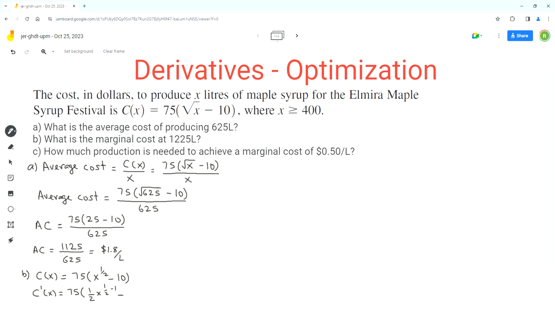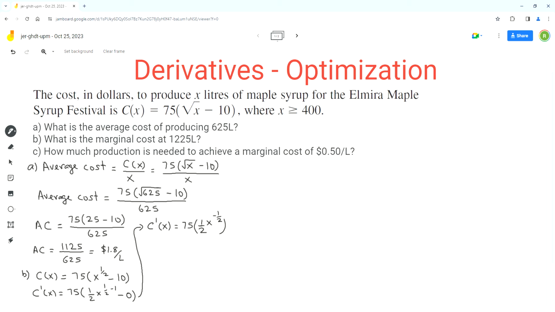And then minus, now 10 is a constant, so its derivative is equal to 0. Now we can simplify this expression. So C prime of x equals 75 times 1 over 2 times x exponent, half minus 1 is negative half. And minus 0 goes away because it doesn't change anything.